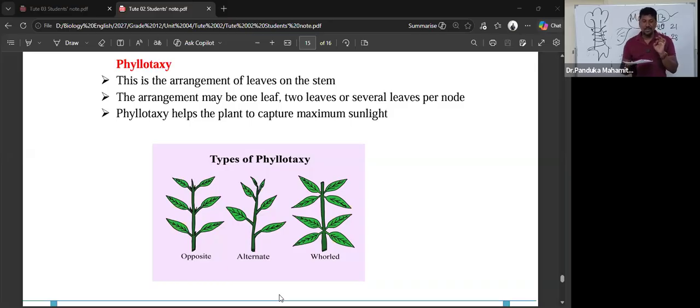And there is another thing, the orientation. Look at this one.